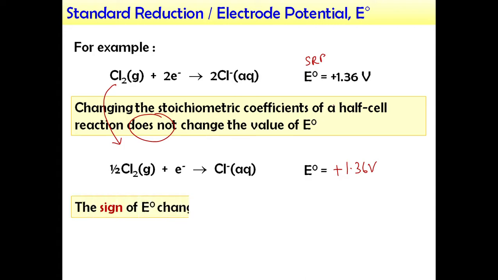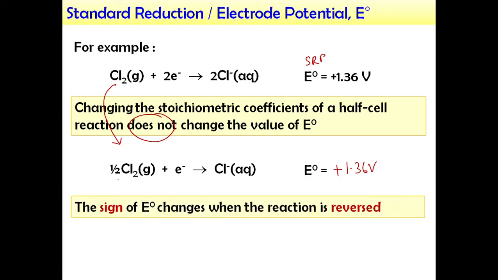But if we reverse the equation from this to this equation, so ini adalah reverse, the sign of E0 akan berubah. Daripada positif akan jadi negatif 1.36 volt. Okay? So please jangan confuse dengan thermochemistry.